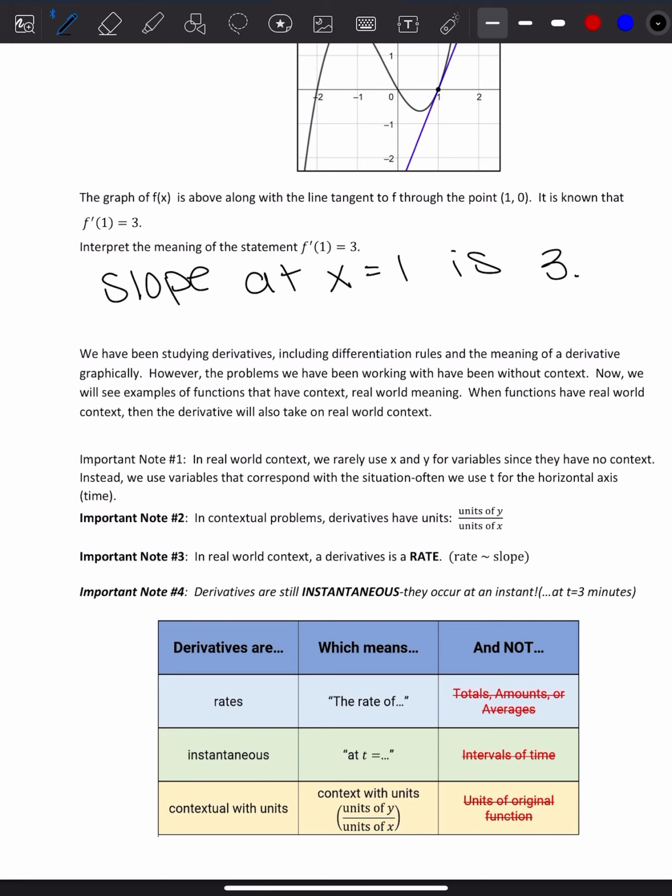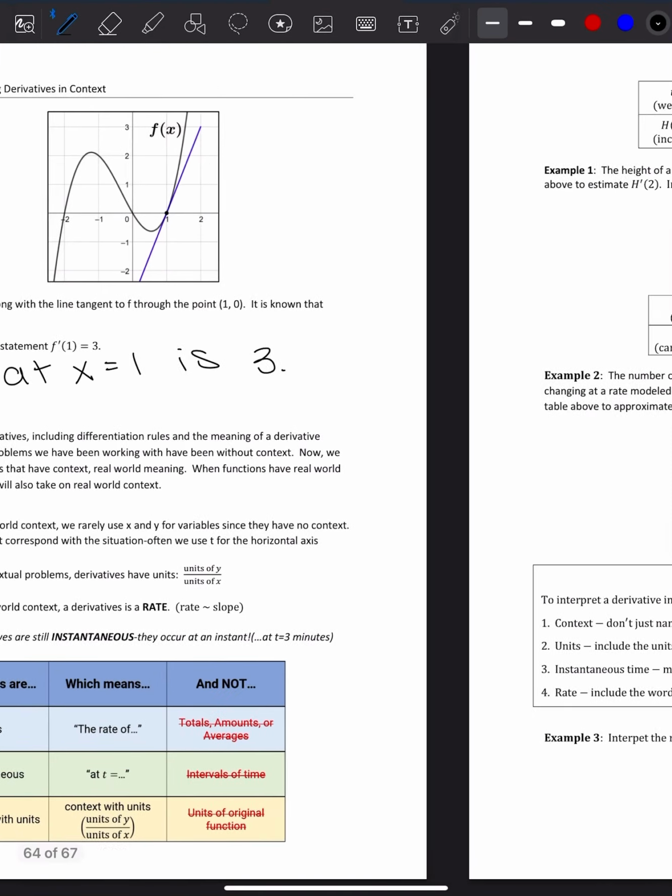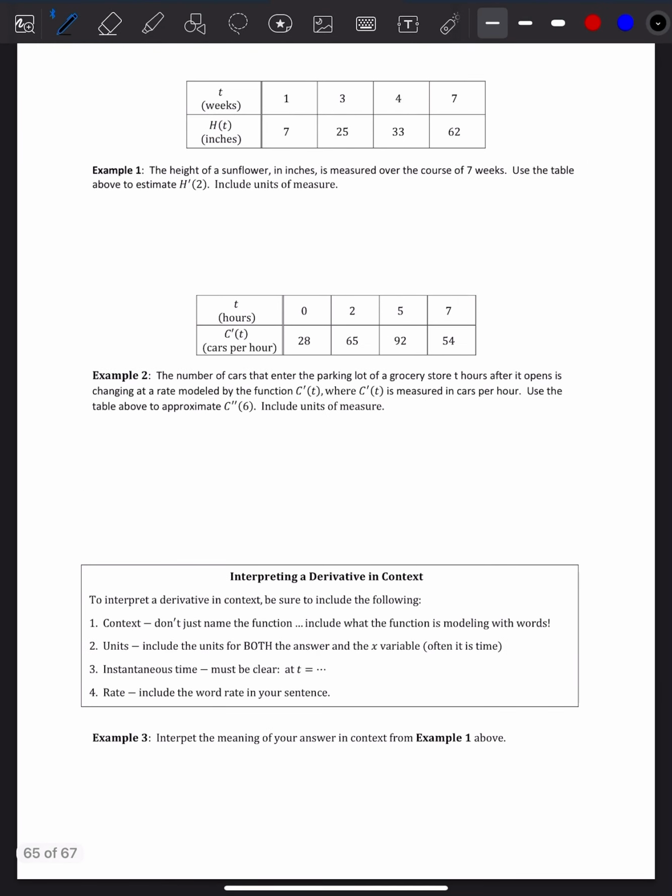It could be instantaneous, so at a specific time, t equals, and we can kind of look at things in context of units, so whatever our units in y are over the units of x. The big thing is we're just looking at slopes, so looking at those different things and how, as they occur, looking at the context of a problem becomes easier once we can identify units of x and y.